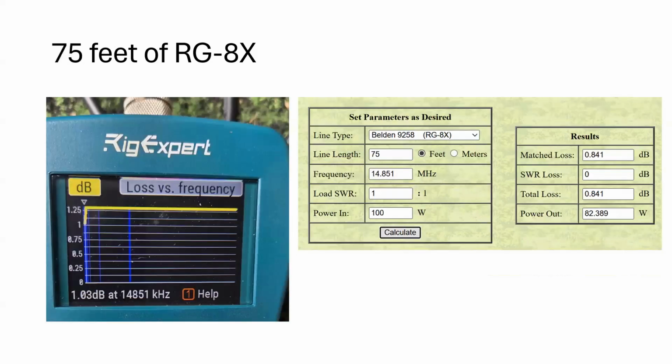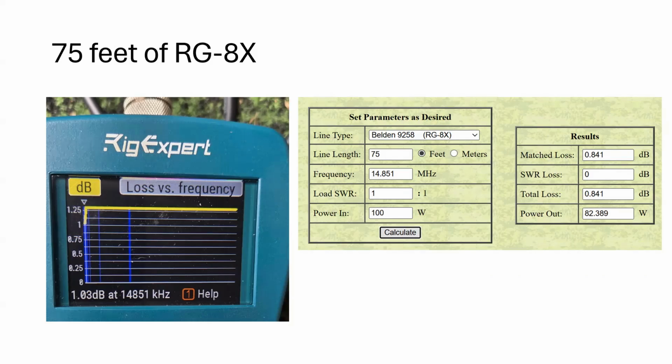And then I tried it with 75 feet, and the measured loss was 1.03 dB. The frequency isn't exactly 20 meters, but it's close. The calculated matched loss would be 0.81.